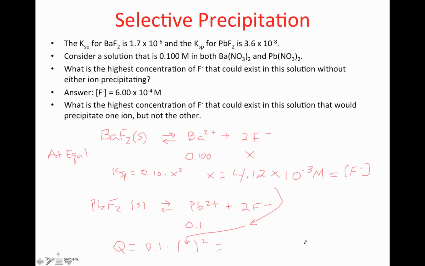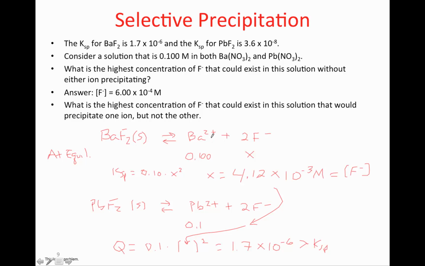So 4.12 times 10 to the minus 3. I'll square that and multiply it by 0.1. And this gives me a Q value of 1.7 times 10 to the minus 6. Will a precipitate form? And the answer is yes, this material will precipitate out because this right here is greater than this. So Q is greater than KSP, and of course, this is the KSP right here for the lead fluoride. Therefore, a precipitate will occur here.